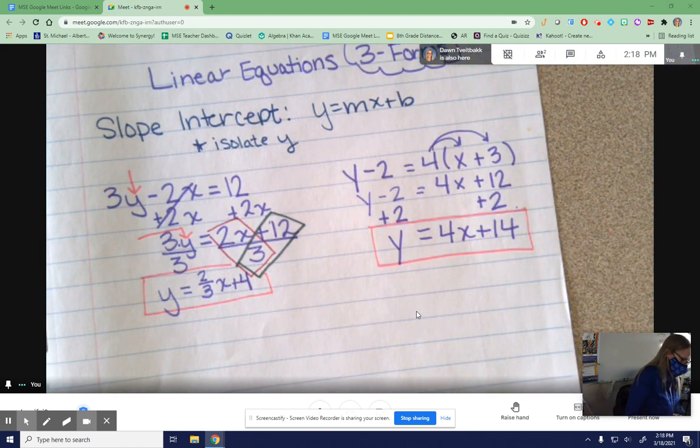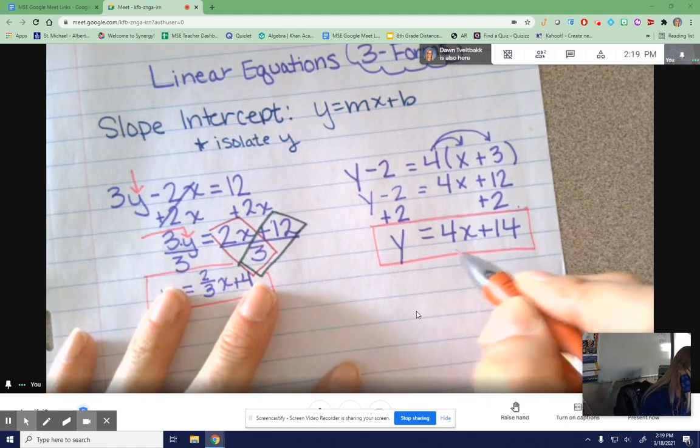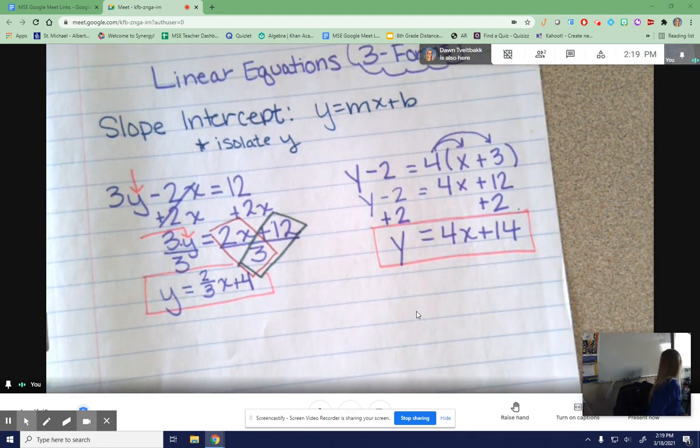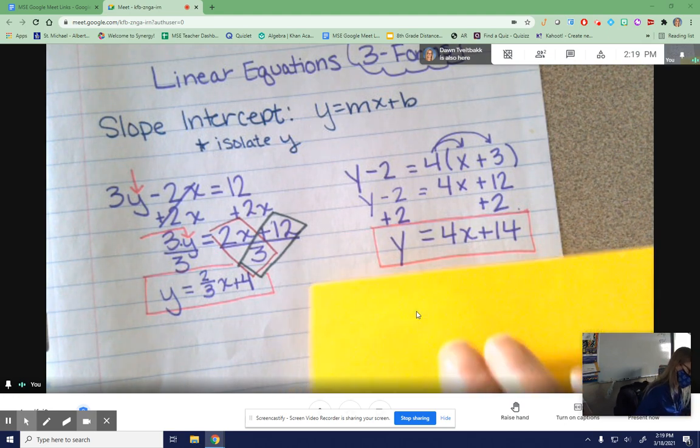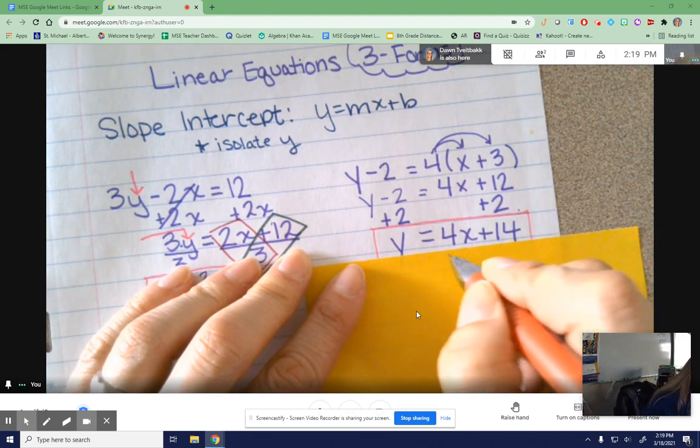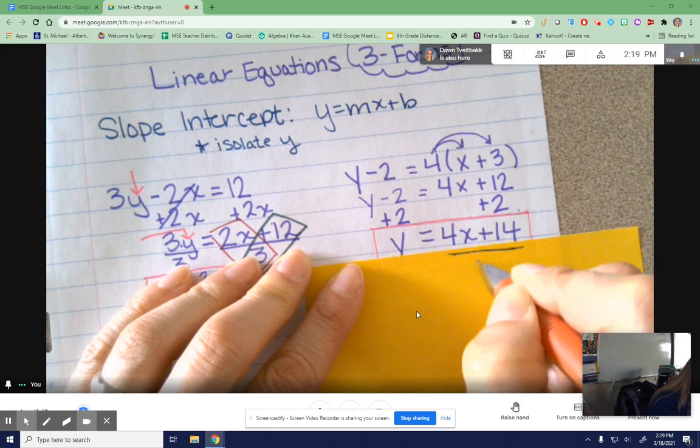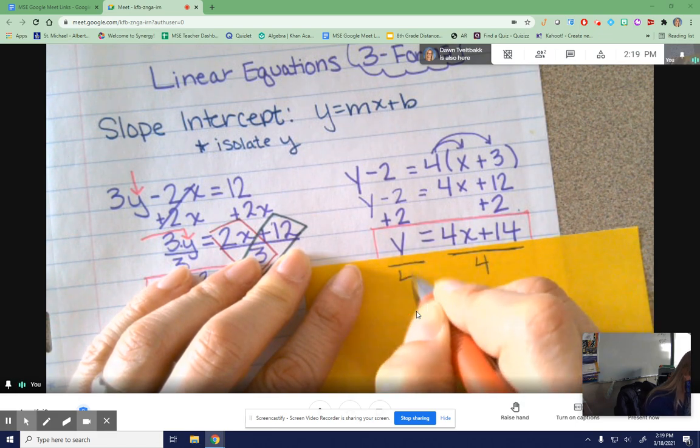Yeah. If you have y equals 4x plus 14, and you divide by 4, would you still get it wrong? Oh, you would, because here's why. It would create some fractions right here. So if you made this extra step and then divided by 4 after that, there would be a divide by 4 there.